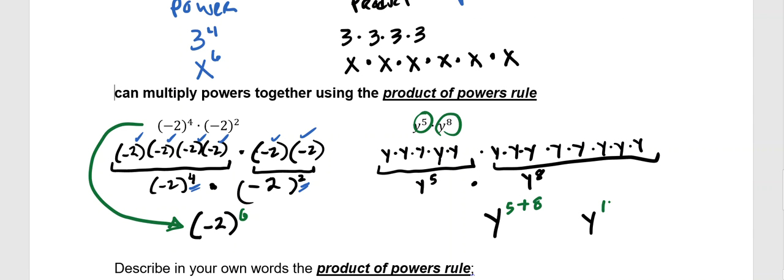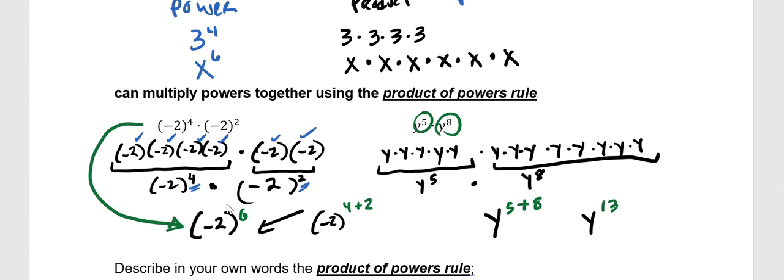So that gives me y to the 13th. And it seems to me that that was what would have happened back here. If we had gone back to this, it was -2, and it was to the 4 plus 2. That gave us the 6.